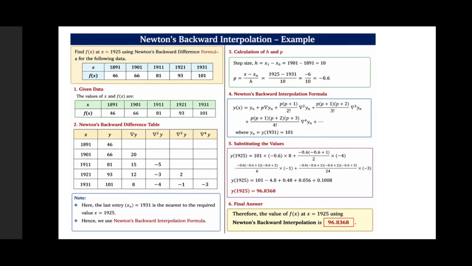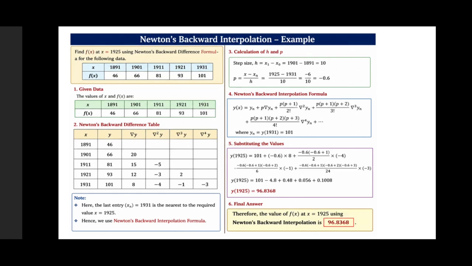Why do we use Newton's backward interpolation? Before choosing the interpolation formula, we check the position of the required value. The required value is 1925. It is closer to the last value, 1931, than to the first value, 1891. Therefore, Newton's backward interpolation method is the appropriate method for solving this problem.